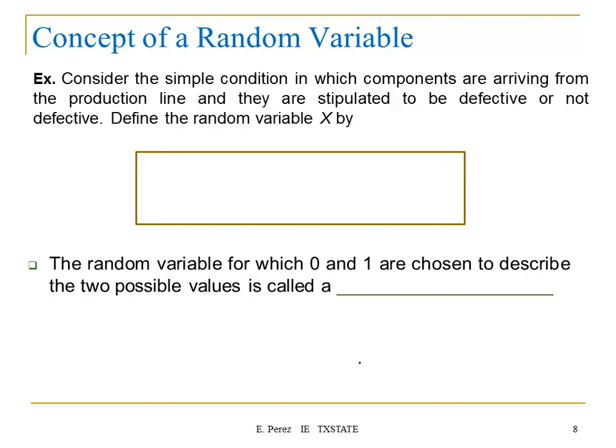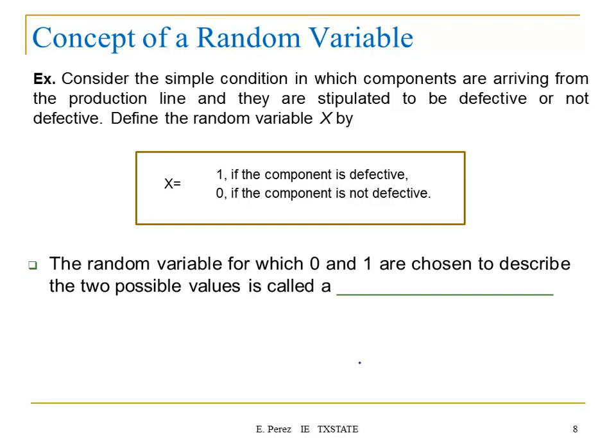Exactly. We can define that random variable using numbers by just assigning 0 and 1: 1 if the component is defective, 0 if the component is not defective.